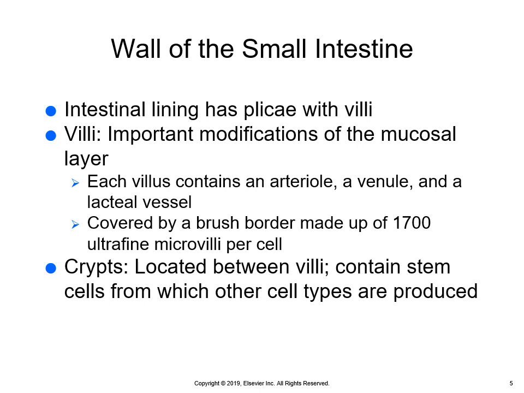So again, the key takeaways from what lines the wall of our intestine are a combination of plicae, villi, and also microvilli that help increase the surface area of the small intestine so that we can better digest and absorb the food.